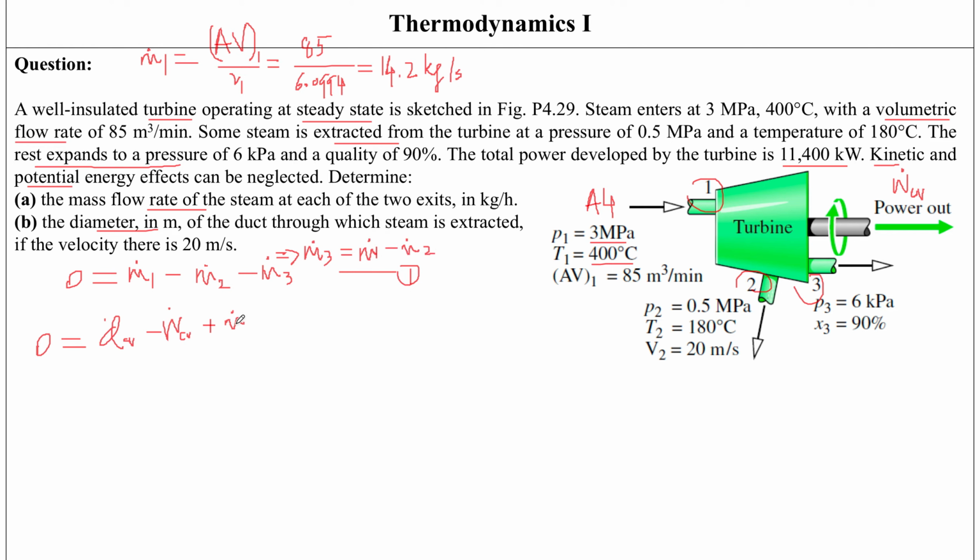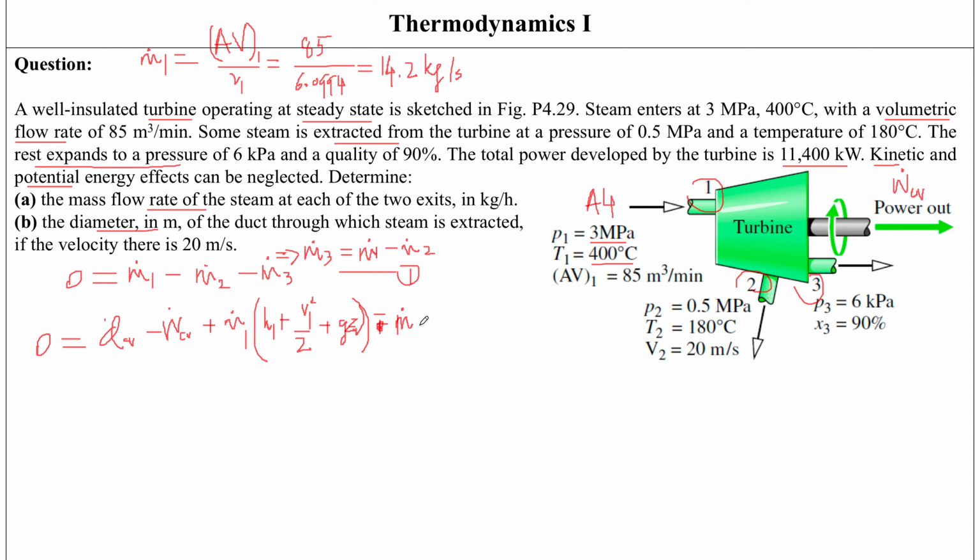Because you can't combine all of them and write it as m dot into the entire thing like we did in the previous question, m dot 1 is going to have its own separate set, which is going to be h1 plus v1 square divided by 2 plus gz1. Okay, and this is for m dot 1. Actually, it's going to be a minus here now because you're talking about the outlets.